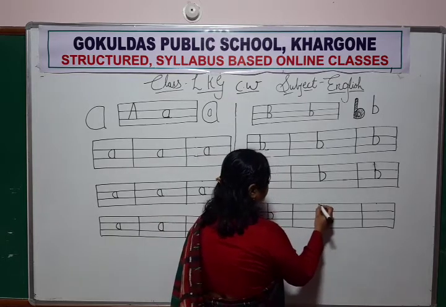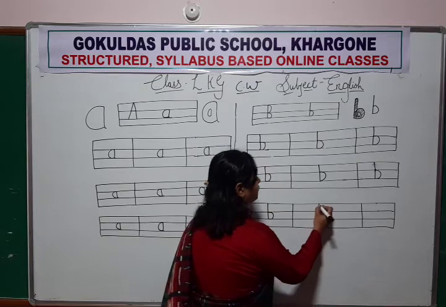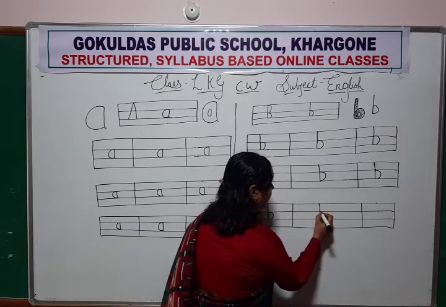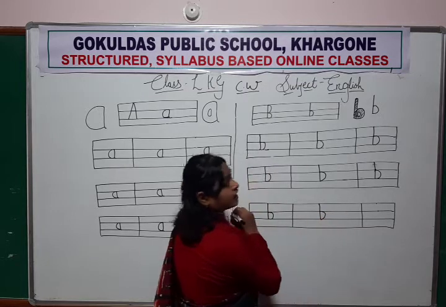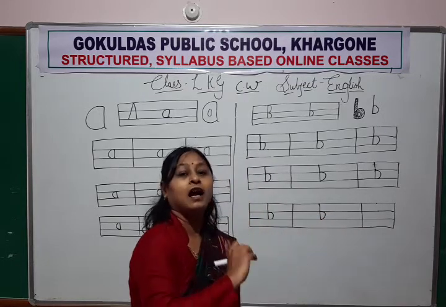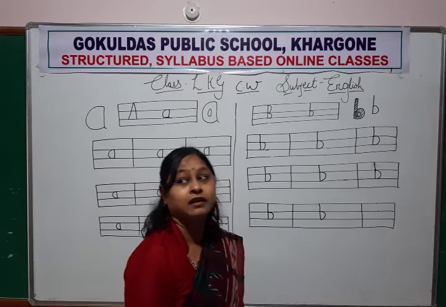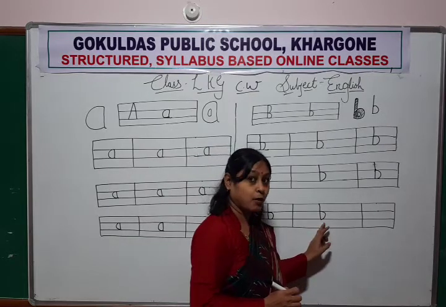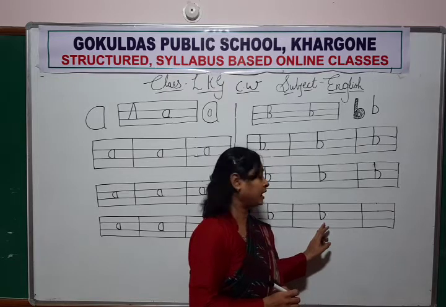Again, we will start to write. What will we do? First we will write standing line. And after that, half circle. So which letter is this? This is small b. Okay.